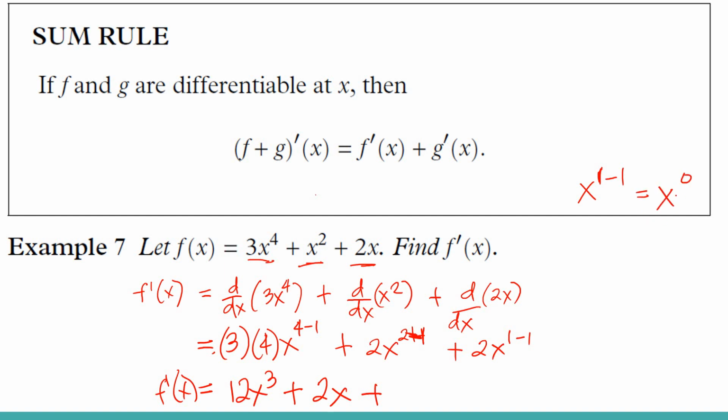Any variable or any number raised to the power of 0 equals 1. So 2 times 1 equals 2. So the derivative, f prime of x, equals 12x cubed plus 2x plus 2.